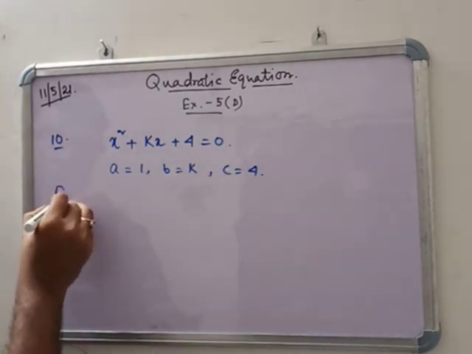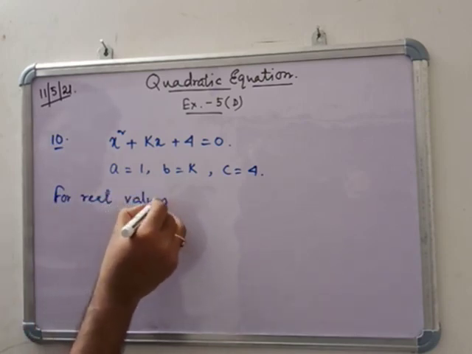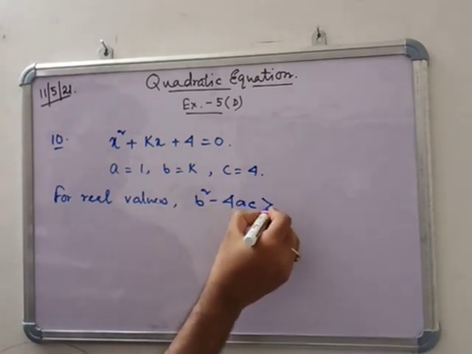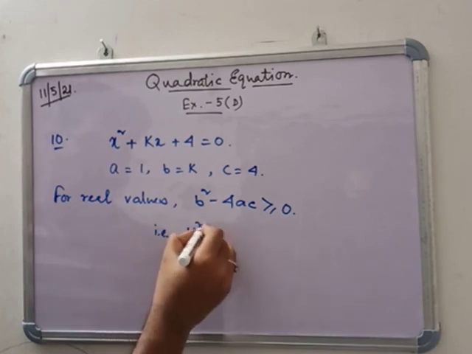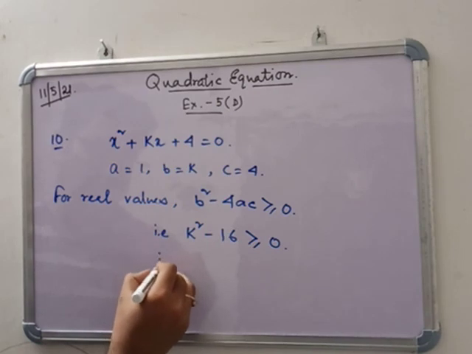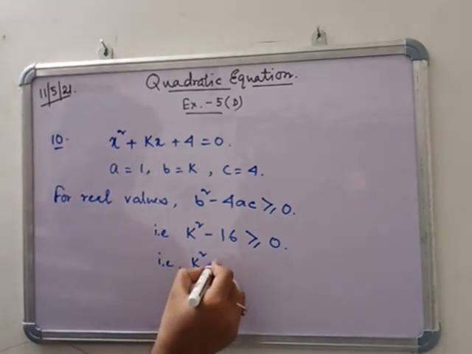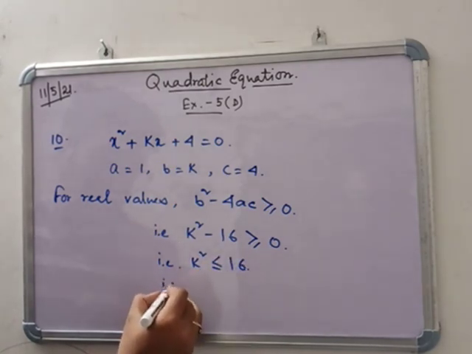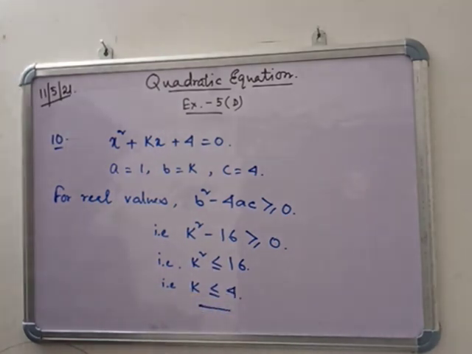Now for real values, b square minus 4ac is greater than equals to 0. So that means k square minus 16 greater than equals to 0. So that means k square greater than equals to 16. You can also write k greater than equals to 4.